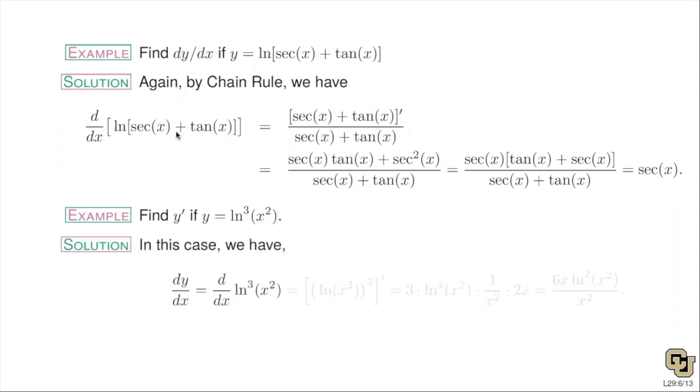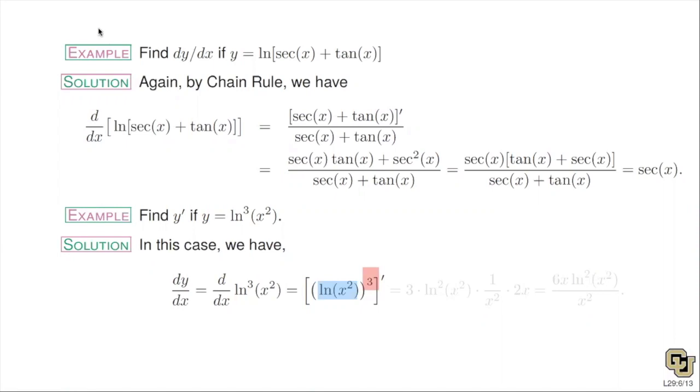So if I'm going to take a derivative, it's important to understand that we have a composition, that the inside function is this ln of x squared business, and the outside function is blah cubed. It's something cubed, where the something is ln of x squared.